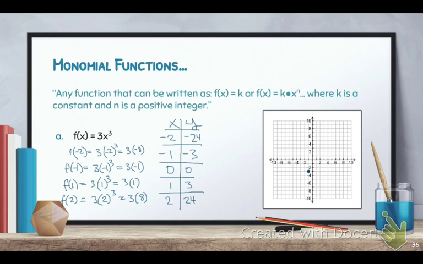So let's say it's approximately somewhere out over here, right? At 0, it is 0. At +1, it goes to +3. And then at +2, it went all the way up to, again, 24, right? So let's just say it's all the way up there. So connect the dots.